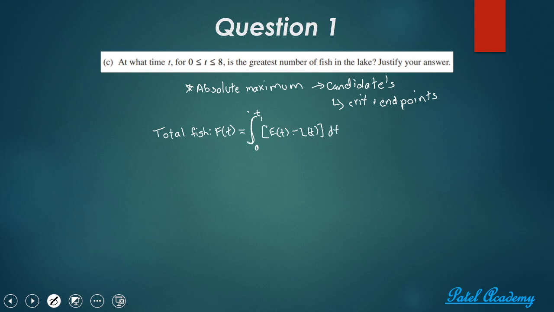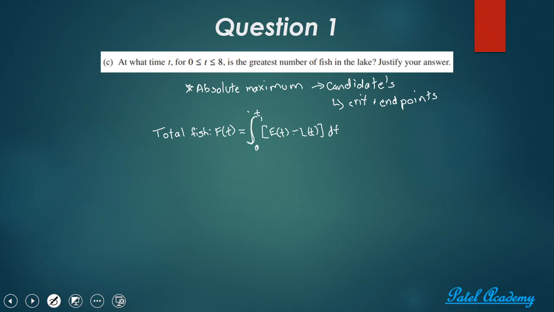So our F at t function is the integral from 0 to some time t1 of E at t minus L at t dt. Now inside the integrand, you can use whatever variable you want in order to not get confused because of the two t's over here. Even though the question says time t, I'm going to be using time t1 to represent that. As long as you know where it is and you clarify that within your answer, you won't lose marks for it.